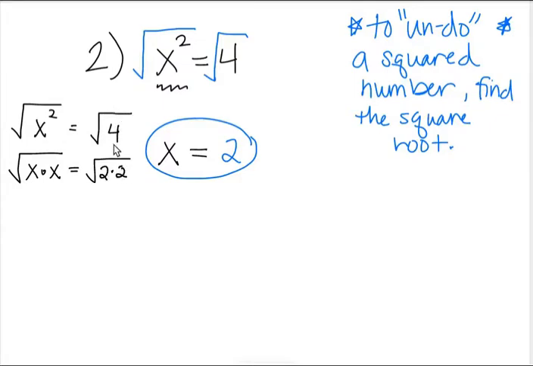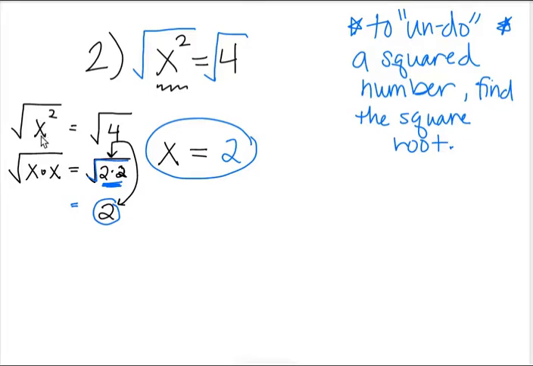So 4 equals 2 times 2. The square root of 4 equals 2. And if we look here, do you see how if I take my 2 times 2, square rooting it actually tells me what number times itself equals 4? Well, 2 times itself equals 4. So the square root would be that number, 2.